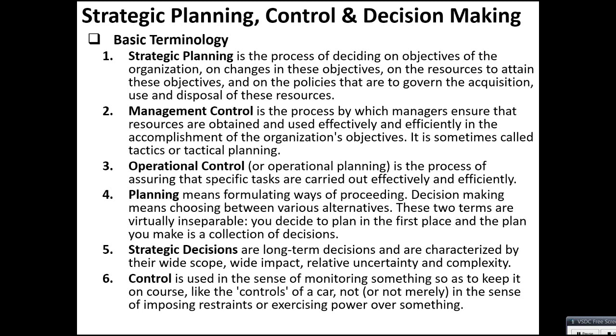Management control is the control through which you want to achieve your objectives. What do you want to get? You do it in the right way and don't miss anything. We discussed this in detail in the first lecture.